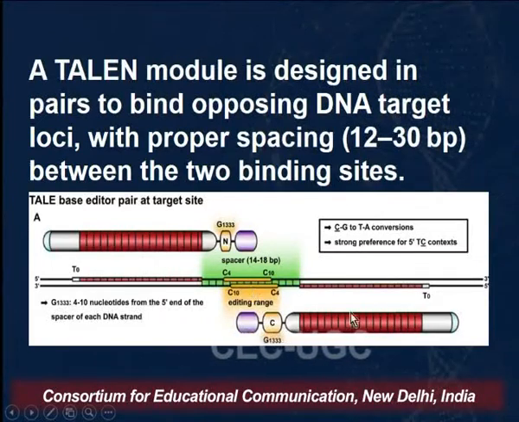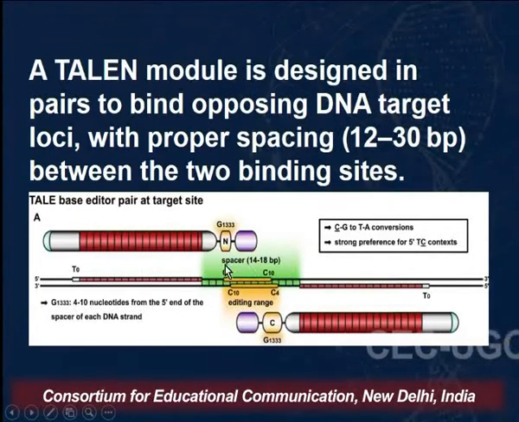Now, a TALEN module is designed in pairs to bind opposite DNA target loci with a proper spacing of 12 to 30 base pairs between the two binding sites. Again, you can see that two molecules of TALENs are attaching. This is our target site, and this is the area where the editing will occur.